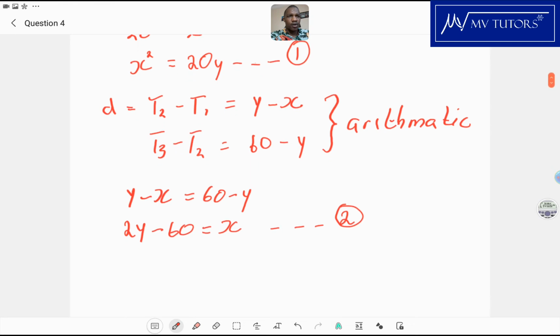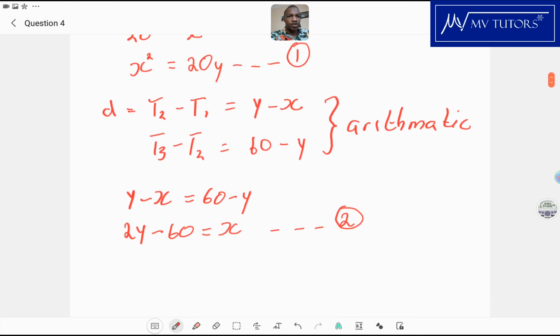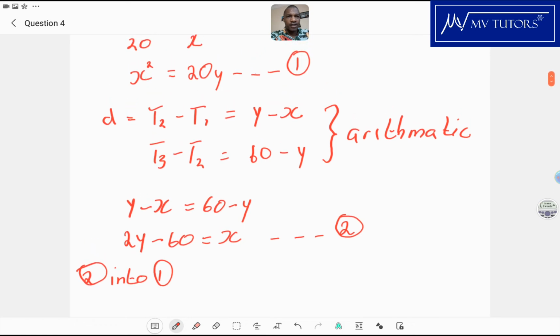So what I want to do now is take equation 2 and put it into equation 1. So I will say 2 into 1. Equation number 1 over here is x squared.